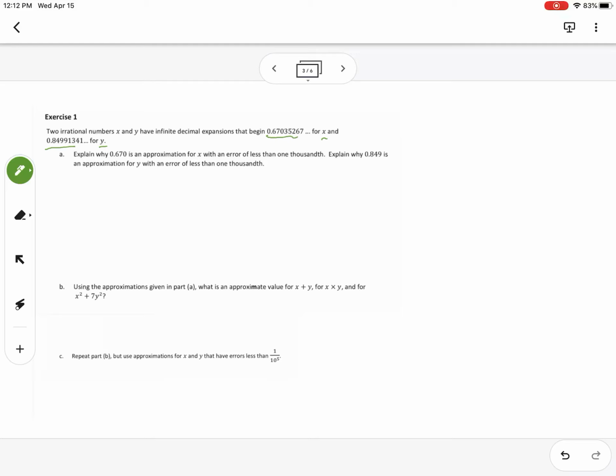Part A says, explain why 0.670 is an approximation for x with an error of less than 1,000th. Or I could write 1,000th like this, 1 over 10 to the third power, just so you know. And explain why 0.849 is an approximation for y with less than 1,000th, 1 over 10 to the third, okay?